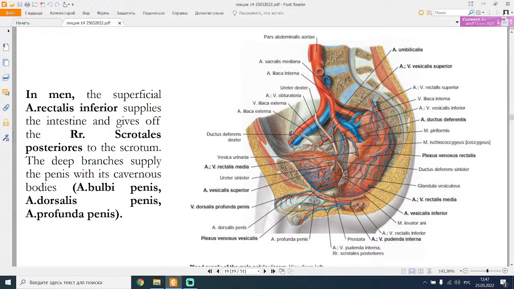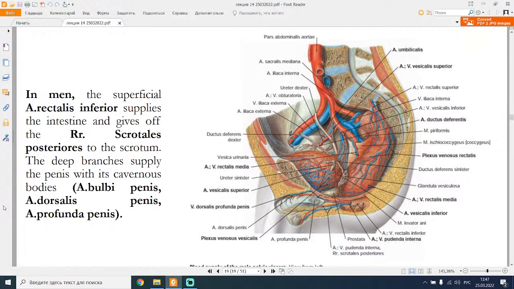The deep branches supply the penis with cavernous bodies: arteria bulbi penis, arteria dorsalis penis, arteria profunda penis.